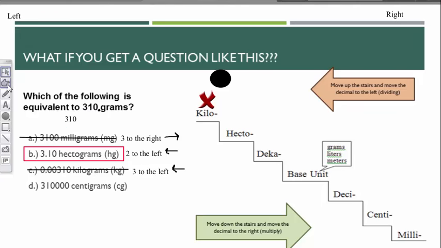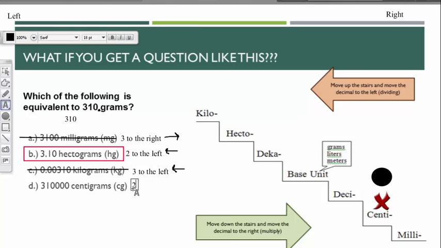All right, let's delete. Next, last one, we're going to go from grams to centigrams. So we're going to start on grams, and we're going to go to centigrams. Let's see how many we move. 1, 2. We move 2 to the right. Let's put our little arrow on. There you go. So let's try it out. My decimal is right here to begin with, and I'm going to go 1, 2.